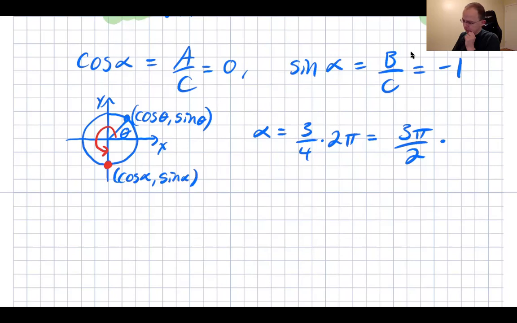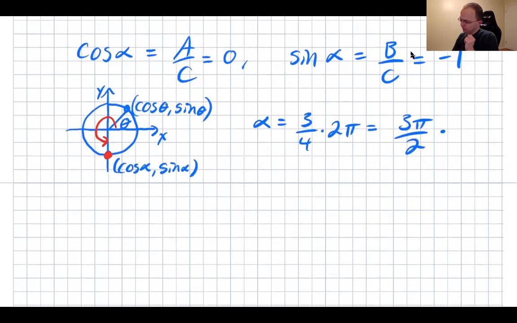Yeah, that looks good. And you could check that as well. Make sure that cosine of 3 pi over 2 is 0, and sine of 3 pi over 2 is minus 1. Yeah, that works. So that's our value of alpha.